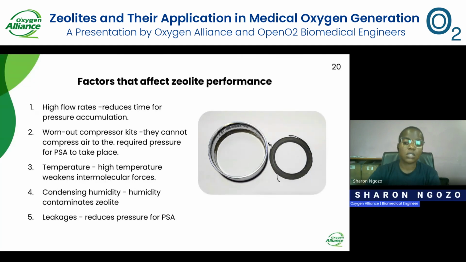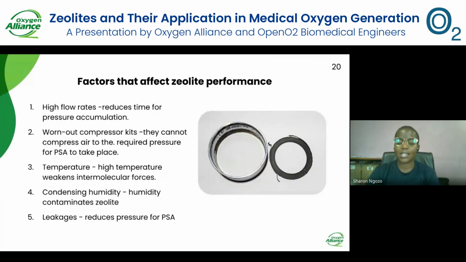When zeolite is exposed to moisture, it becomes contaminated, thereby reducing its effectiveness in separating nitrogen from oxygen. That is why I stated that it's important for the purging cycle to happen the way it's supposed to happen. It's really important for the sievebeds or the zeolite columns to go through processes like purging or even equalization.